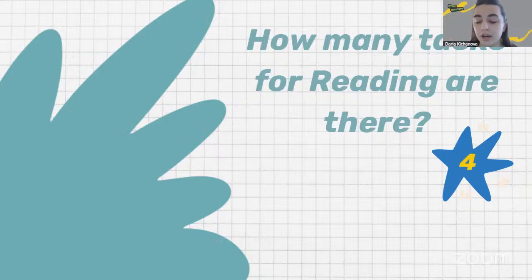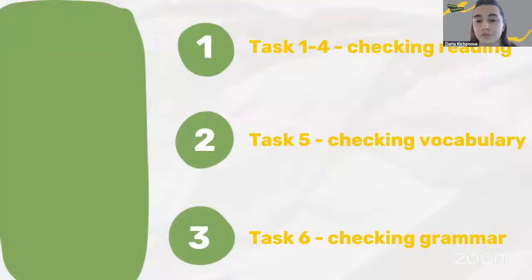So now I want us to check what these tasks are. First of all, we are checking our reading, then the system is checking our vocabulary. It is task 5, and task 6 is focused on checking your grammar.